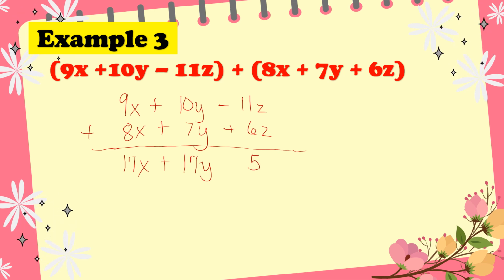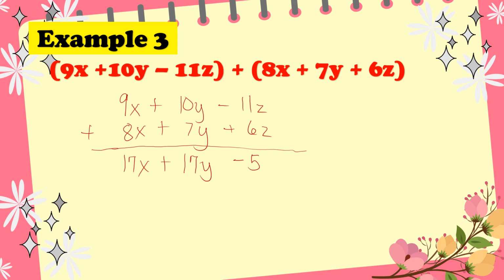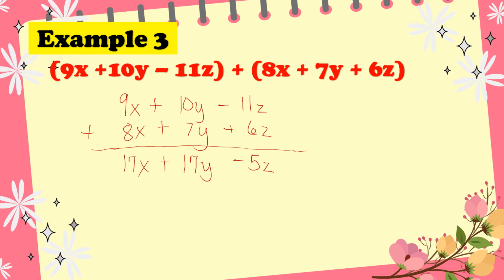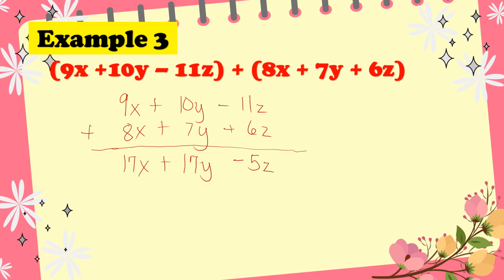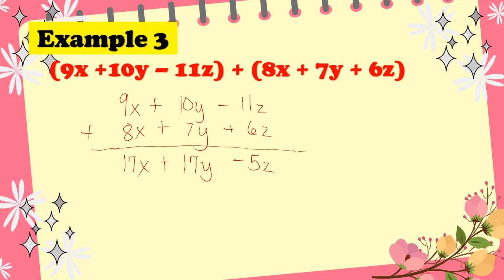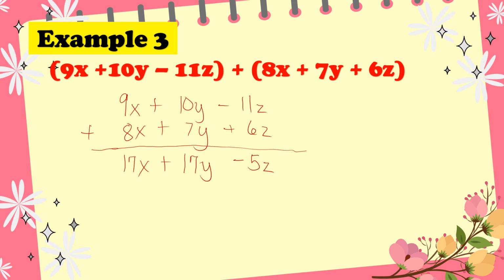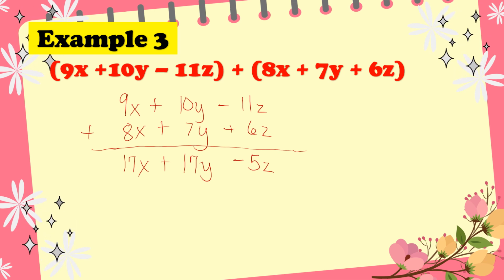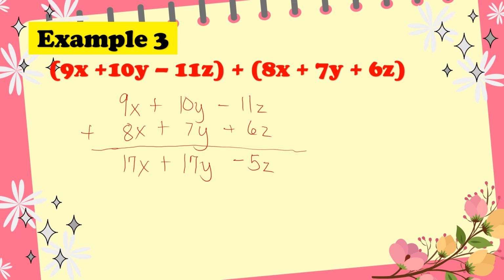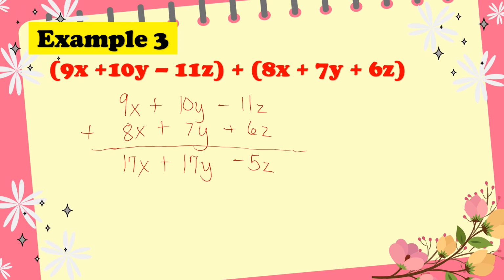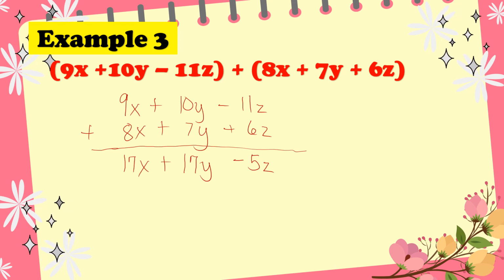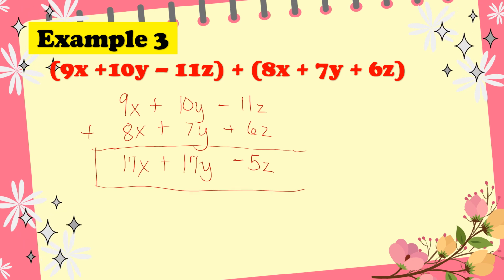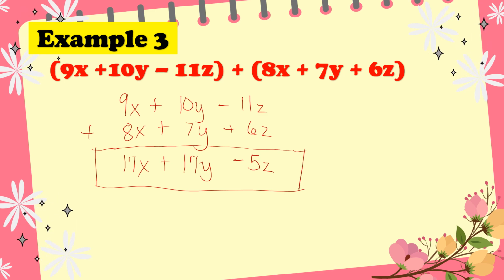And then, copy the sign of the integer with greater absolute value. And then, i-append natin yung common literal factor, which is z. So, when you add the quantity 9x plus 10y minus 11z to the quantity 8x plus 7y plus 6z, the answer is 17x plus 17y minus 5z.